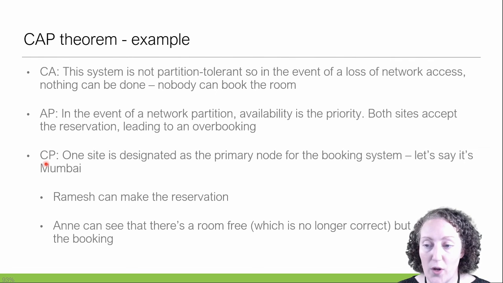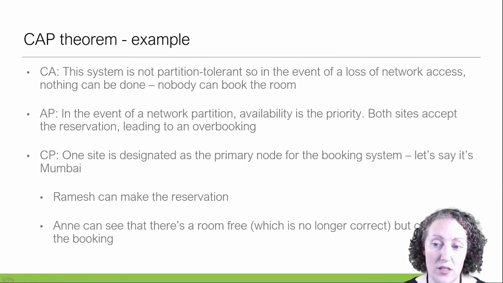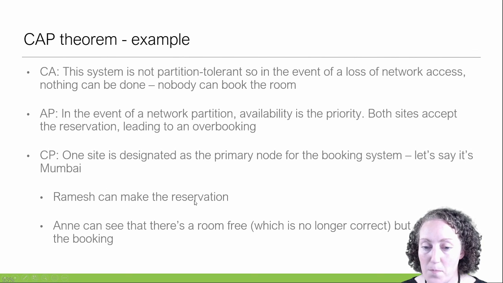A system that prioritizes consistency in the case of a partition is a system where one site would be designated as the primary node for the booking system. So in this case, let's imagine it's the Mumbai node. That means that node has priority to do write operations. So Ramesh would be able to go ahead and make the reservation.